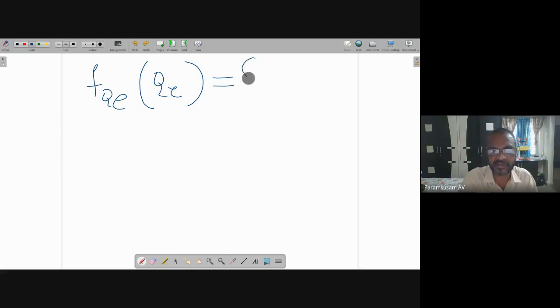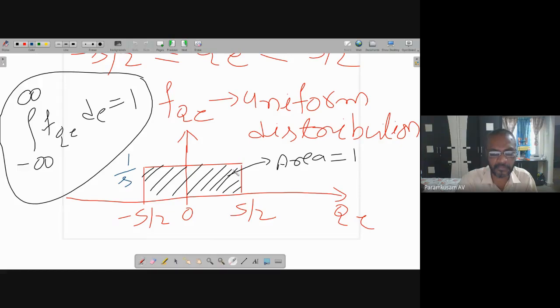What is the expression for that one? This is equal to 1 by S, where QE lies in the range minus S by 2 to plus S by 2, otherwise that value is equal to 0.